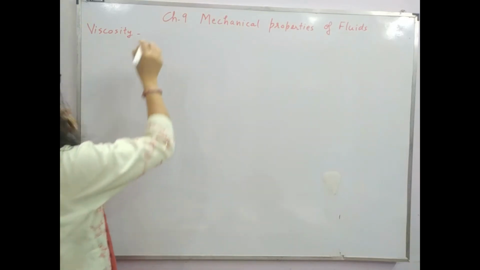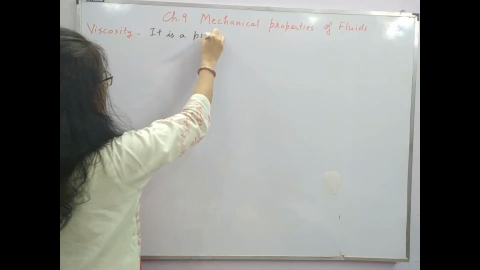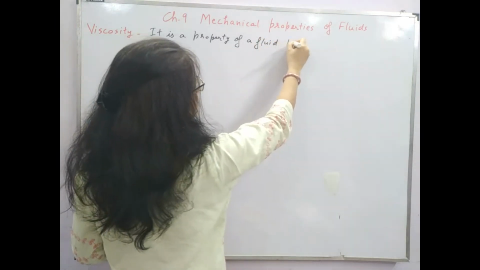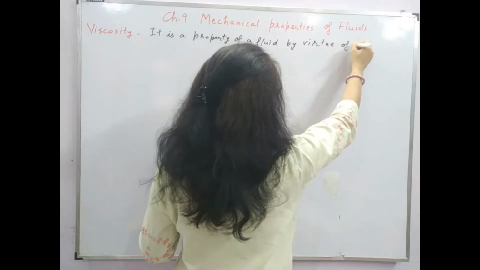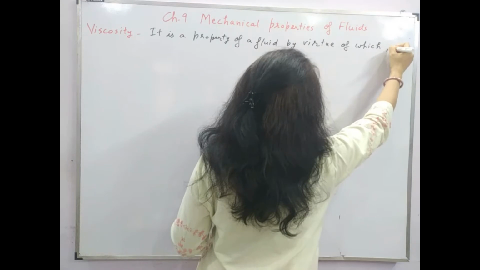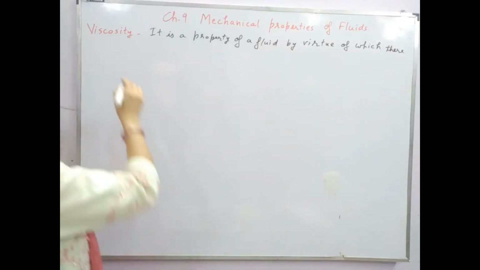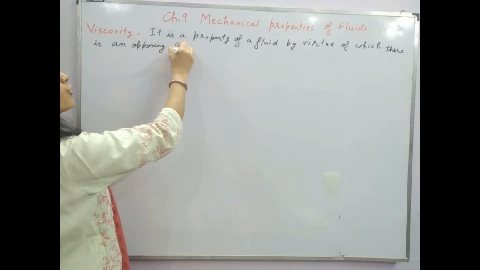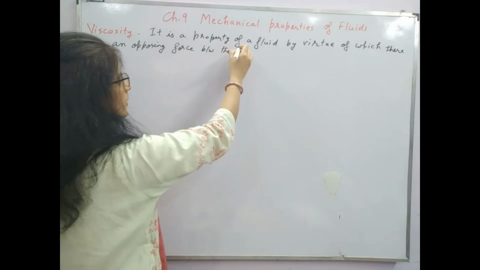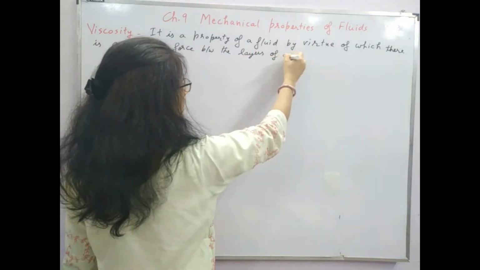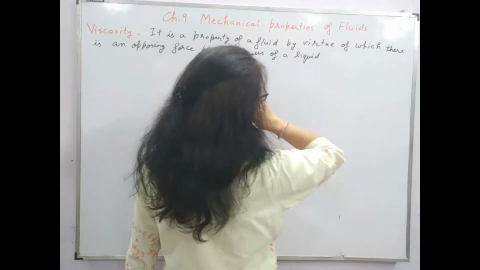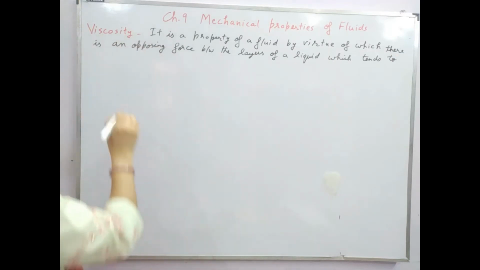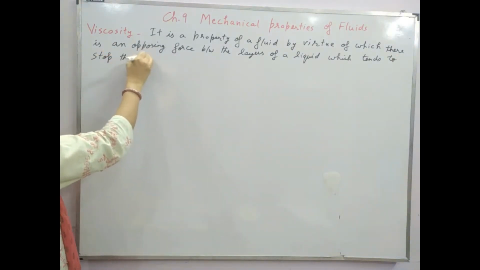It is a property of a fluid by virtue of which there is an opposing force between the layers of a liquid which tends to stop the relative motion between its layers.